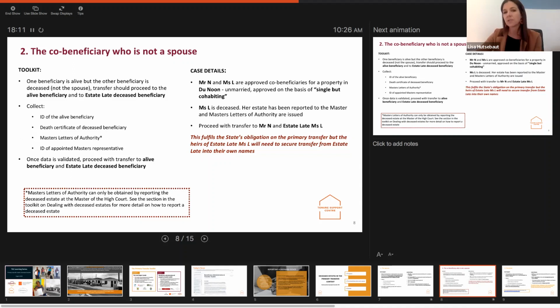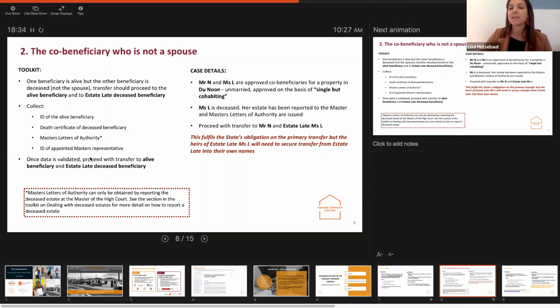It unfortunately doesn't help the heirs of Miss L's estate, because the property is then registered in her estate. They would still, independently of this primary transfer process, need to go and get some legal assistance in transferring that share of the property out of the estate into their own names.